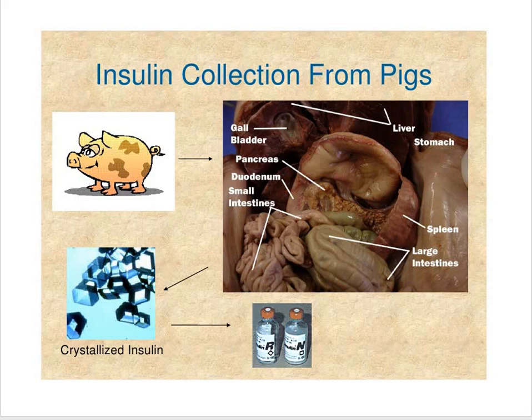However, it was seen that the individual who took such insulin, which was obtained from other animals like slaughtered pigs or cattle, had an allergy in some people.